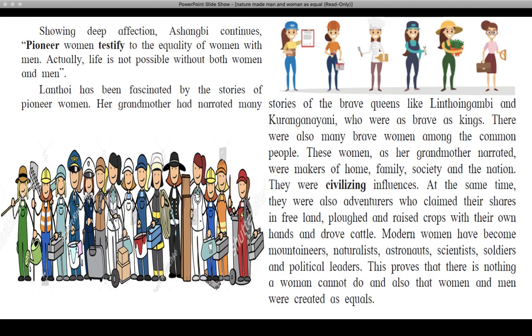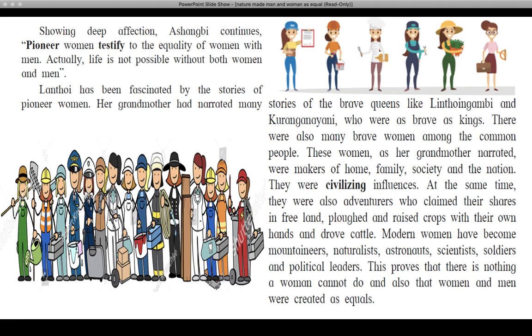These women, as her grandmother narrated, were makers of home, family, society, and the nation. They were civilizing influences. At the same time, they were also adventurers who claimed their shares in free land, plowed and raised crops with their own hands, and drove cattle.